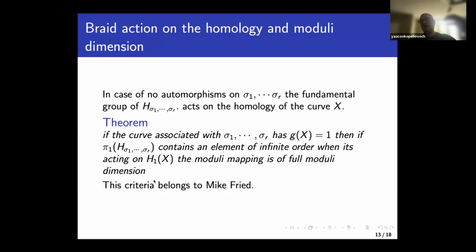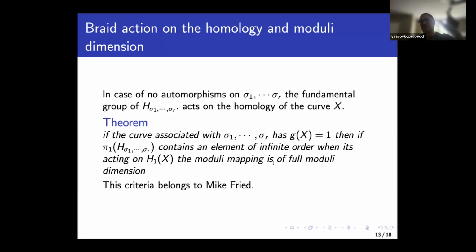So the idea behind this is that this group acts on the homology basis of this elliptic curve, which is given through this permutation representation, and the image is big. How big? You just need to find one element of infinite order. Then the moduli mapping is onto its full dimension.